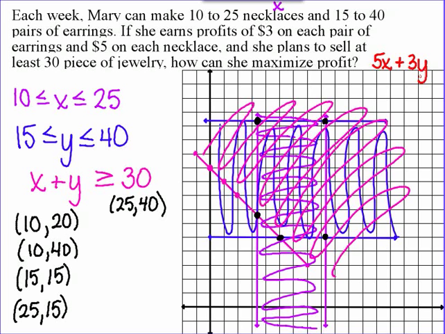So remember, I'm going to start with 10, 20. I'm going to take 5 times 10 and add 3 times 20. So 5 times 10 plus 3 times 20. And what does that give me? 110. Okay, do the 10 and the 40. What does that give me? 170.